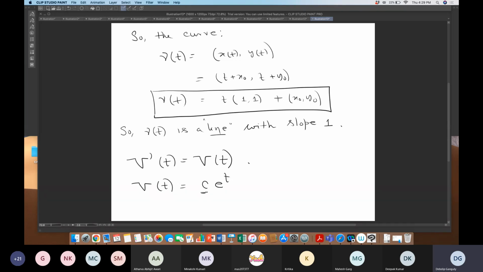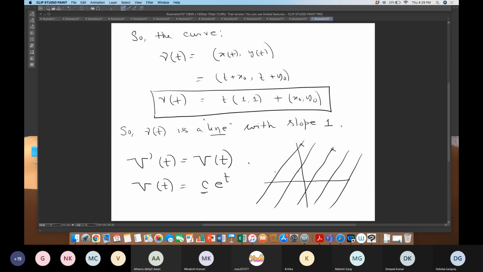So what do we obtain from these three equations? Along these straight lines, Vt should be c times e to the power t. That means u of gamma t is some constant times e to the power t along these straight lines. It's not constant now.